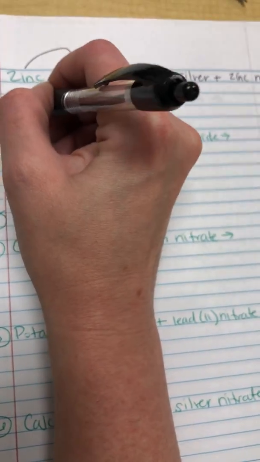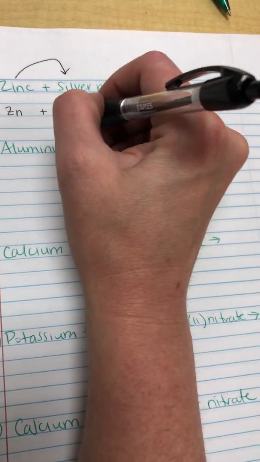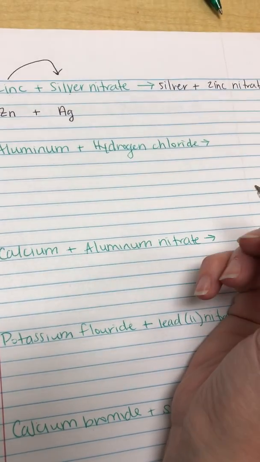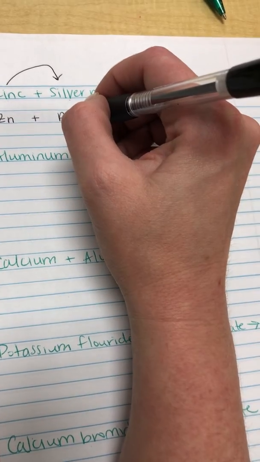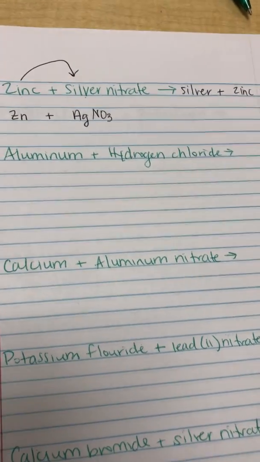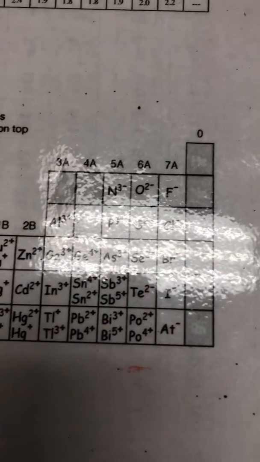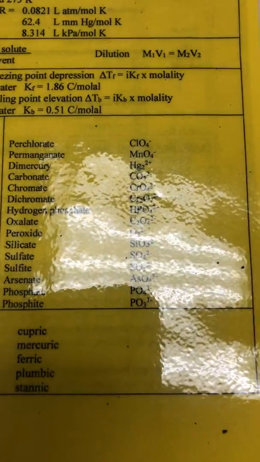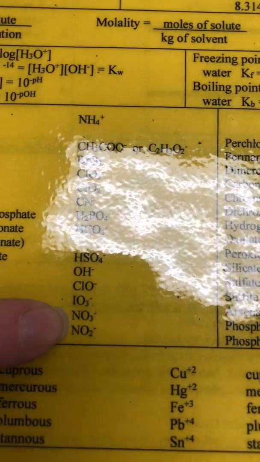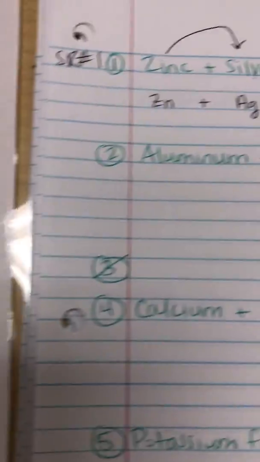So zinc is Zn plus silver is Ag, and I have my NO3 for nitrate. Silver has a 1+ charge, and my nitrate has a 1- charge. So those are going to cancel out.